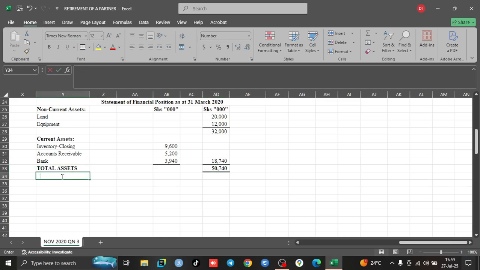Then we go to the section of capital and liabilities. We have our capital section. Capital balance. We now have only two partners because Priska retired, so she's not part of the partnership anymore.